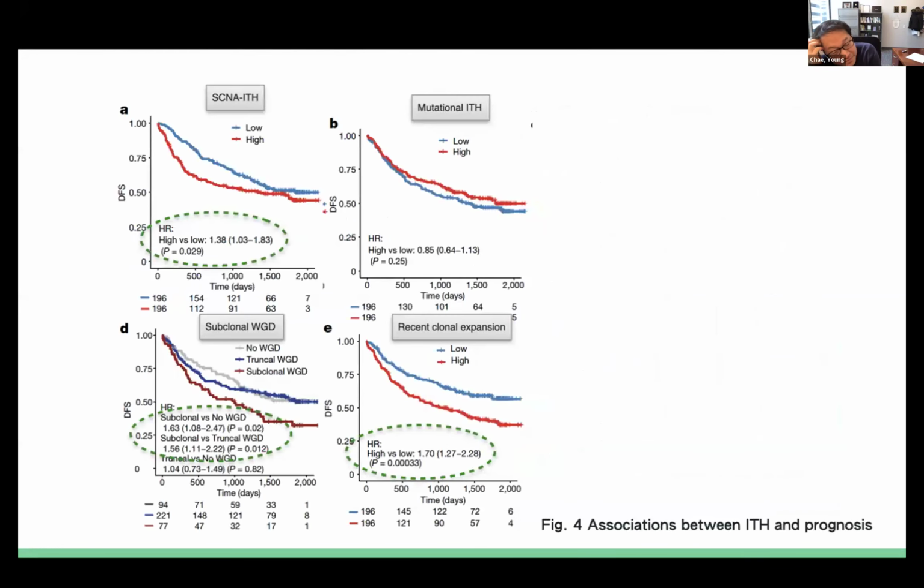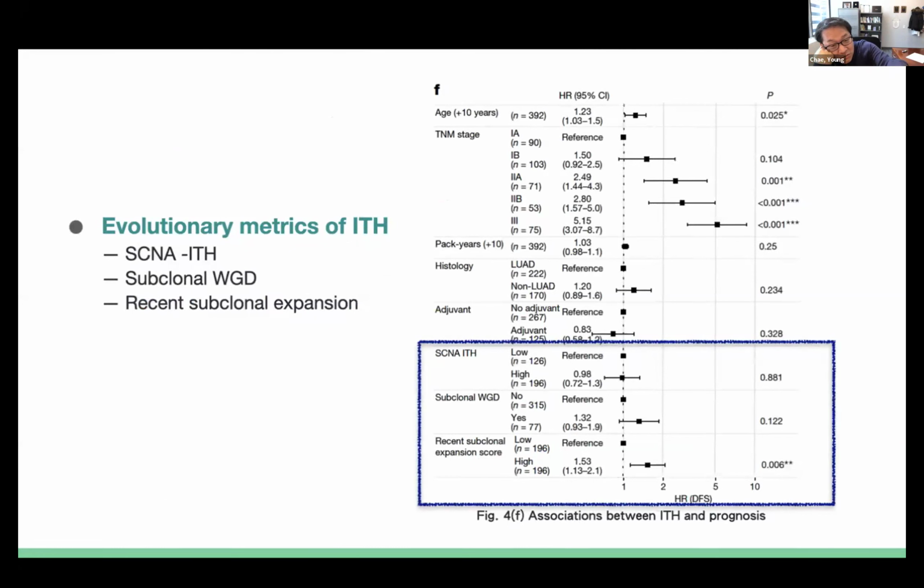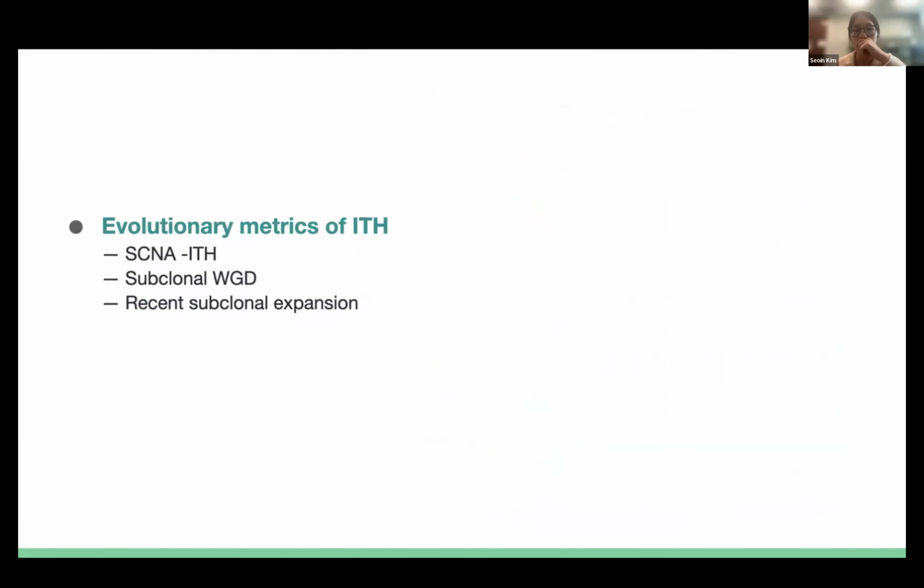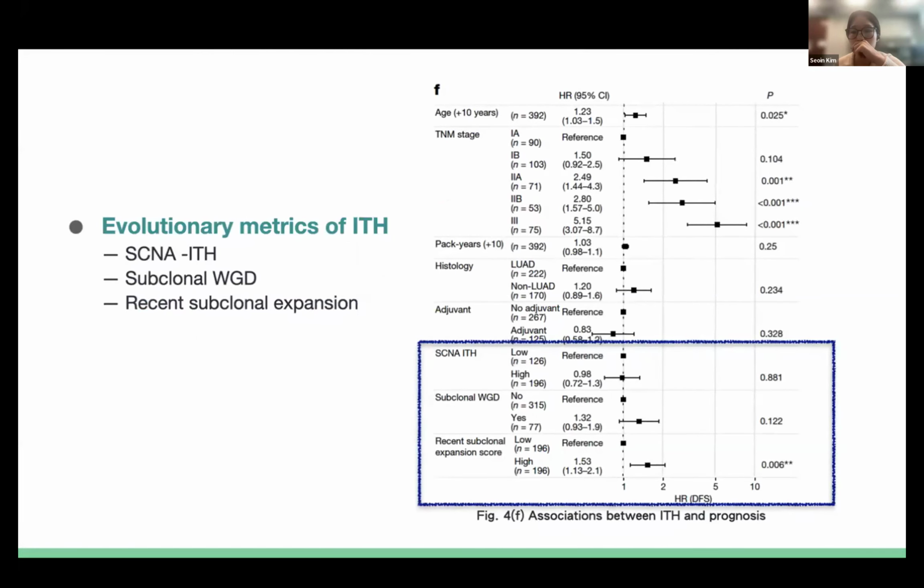Relatively, TNM is the best prognostic indicator. And you have pack year, then histology. Histology wise, squamous is a little bit worse, although it's not significant. If you get adjuvant chemotherapy, then you are a little bit protected.